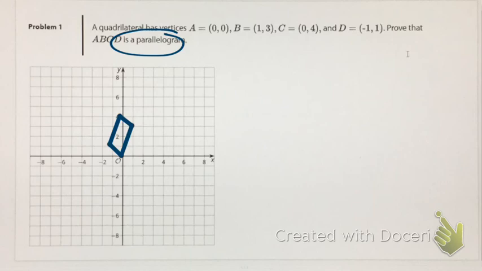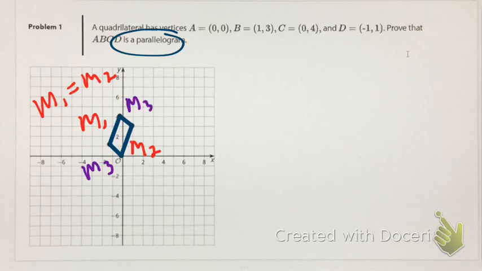We need to prove that the slopes of the opposite sides here, 1 and 2, are equal. We also need to prove that the other opposite pair, I'm going to call this the slope of side 3 and the slope of side 4, are equal. And then we need to prove something entirely different, that the two adjacent sides are perpendicular.